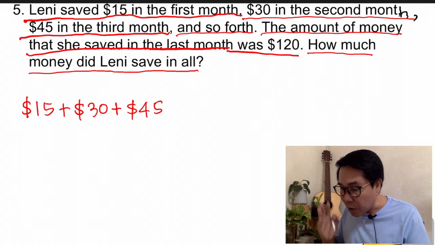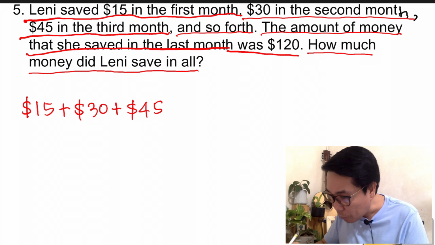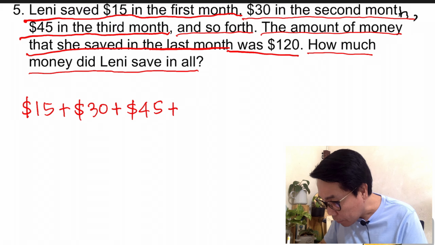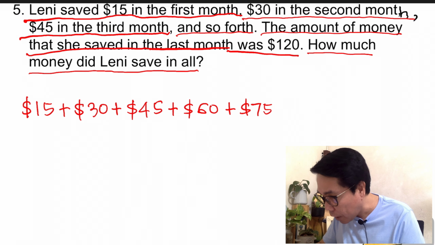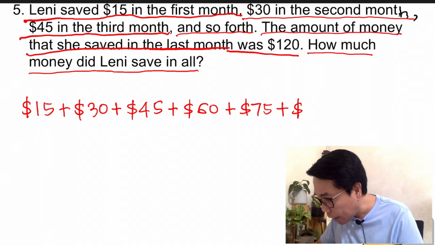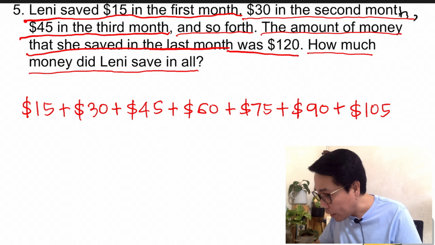So we have 15, 30, 45. 45 plus 15, we get $60. $60 plus 15, we get $75. $75 plus 15 again, we get $90. $90 plus 15 again, we get $105, and $105 plus 15 again is $120.